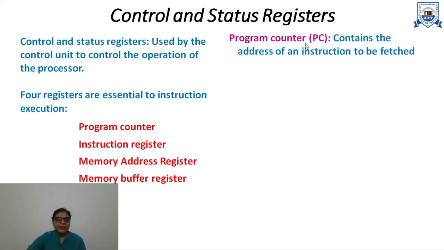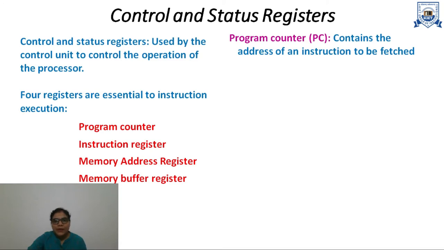Program counter. As we studied, the processor fetches the instruction from the memory, and which instruction is going to be fetched, the program counter will always tell about which instruction needs to be fetched next.